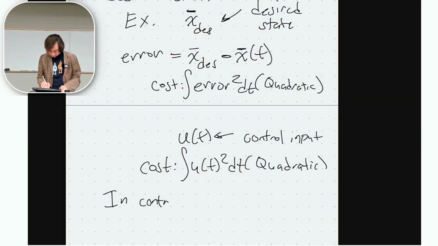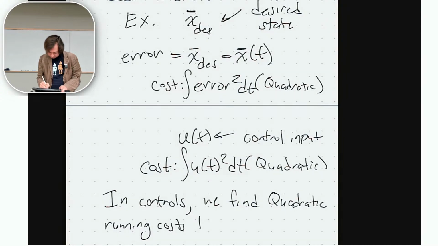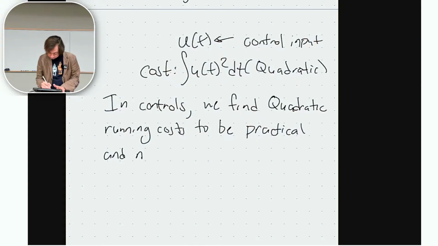In controls, we find quadratic running costs to be practical and mathematically convenient.